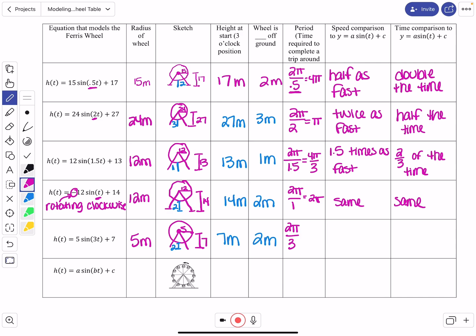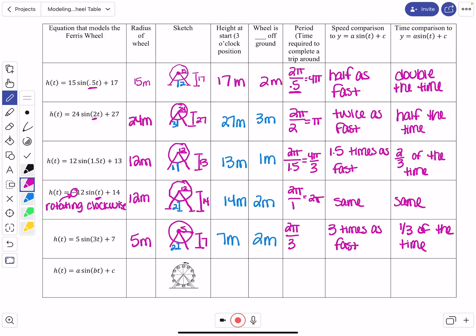So it's just 2 pi divided by 3. So this time it's going 3 times as fast, which means it's taking 1/3 of the time. Okay, it's going faster, so it's going to take less time.